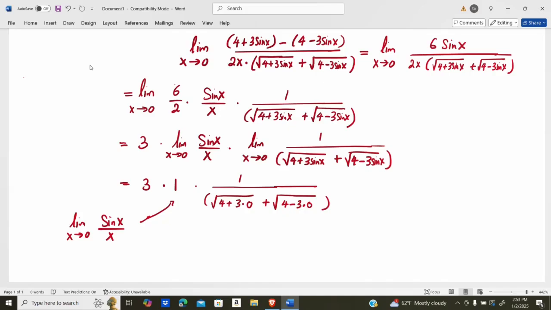So finally I get 3 times 1 over square root 4 plus square root 4. The square root of 4 is 2, so basically you have 3 divided by 2 plus 2, which is 4. So that's your answer. The limit of this function is 3 over 4.